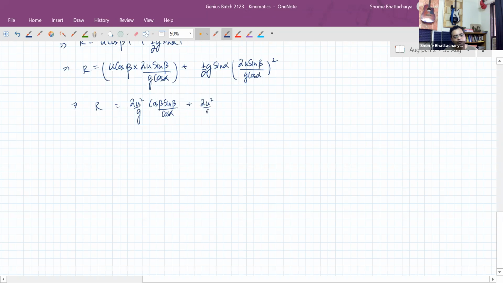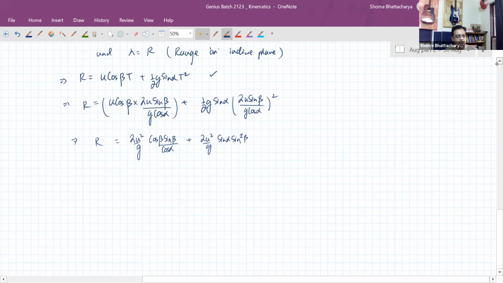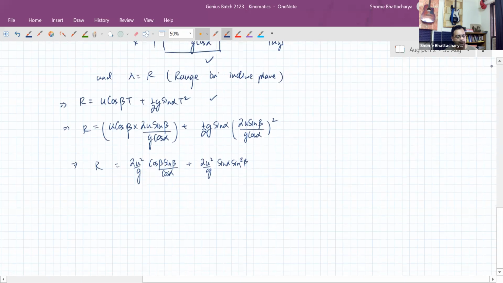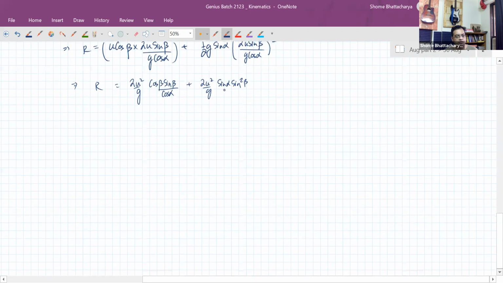So that's again 2u square by g sine alpha sine square beta divided by cos square alpha. This term will be like this.